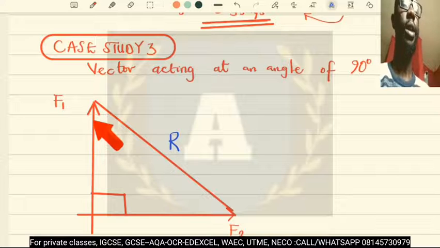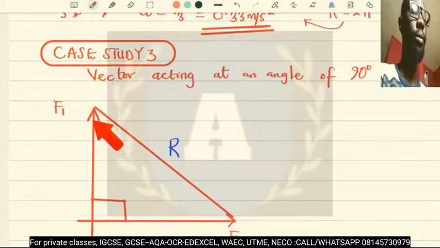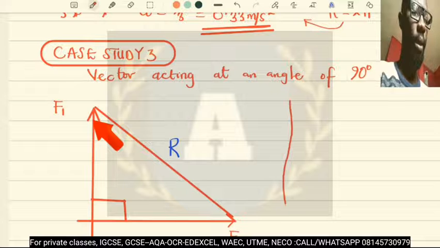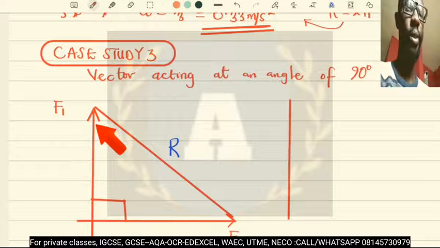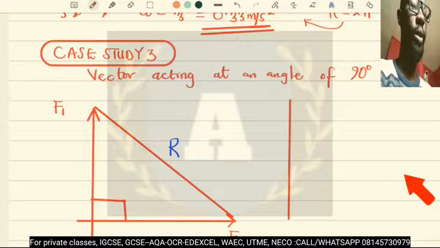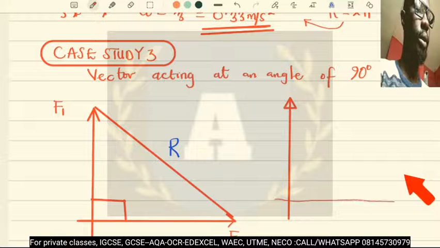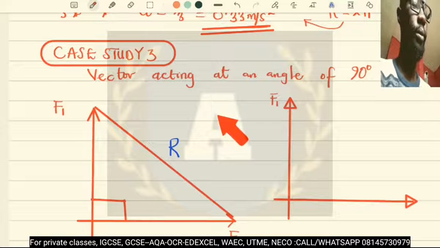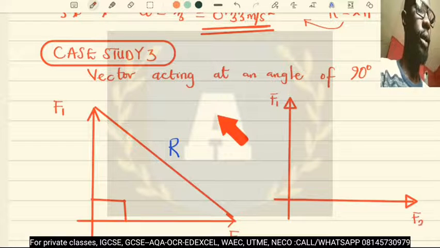And at the same time, you can equally have the diagram like this, in case you don't want to represent it like this. You can represent it as I'm going to draw here. Now if that is F1 and you have F2, this is F1, and this is F2.